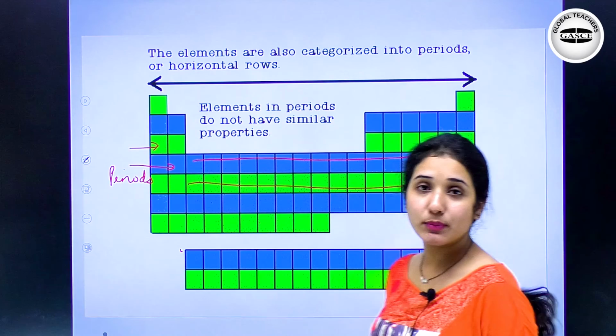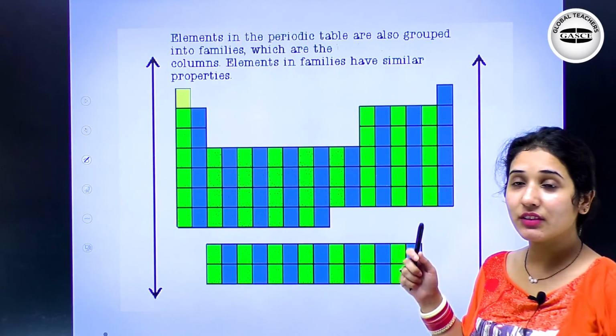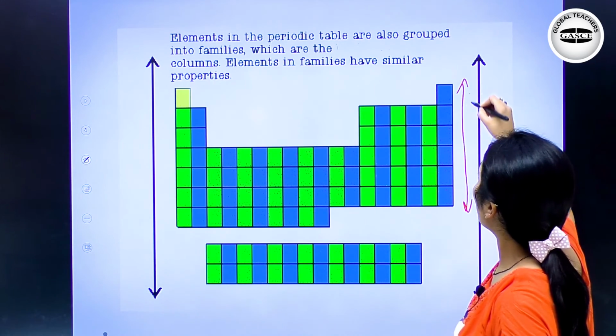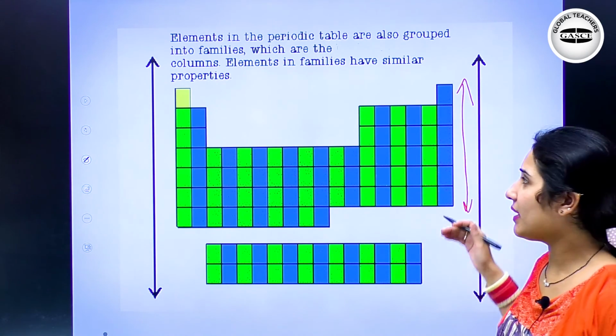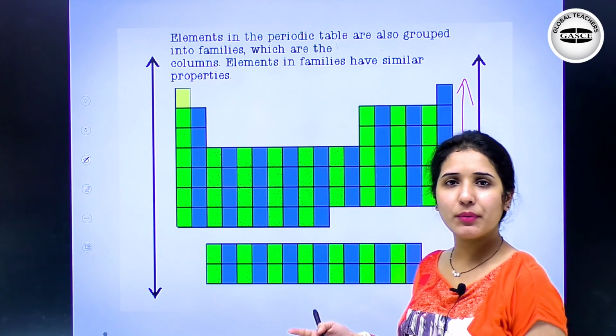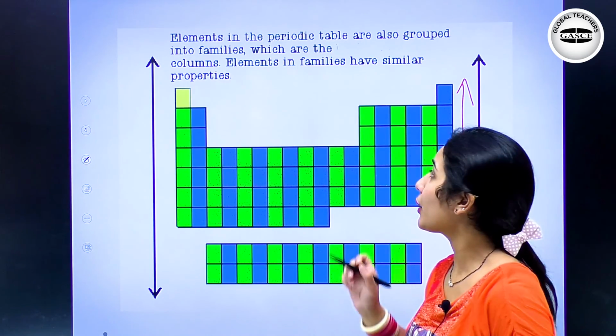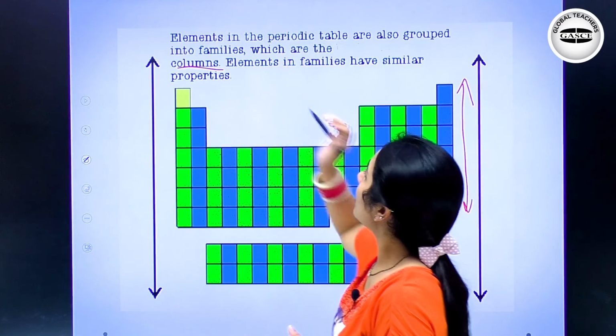Let's move next. There is another classification which has been done vertically. We can also call them families, but according to the modern periodic table, these vertical columns are known as groups.